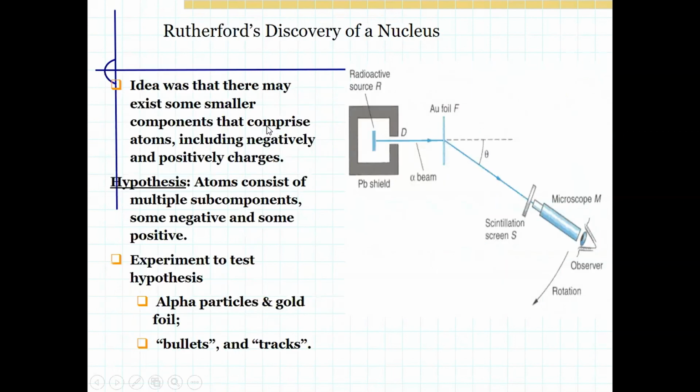This discovery that few of them are coming back, the alpha particles coming back from the gold foil, is something like bullets going through a haystack and still facing some brick inside.